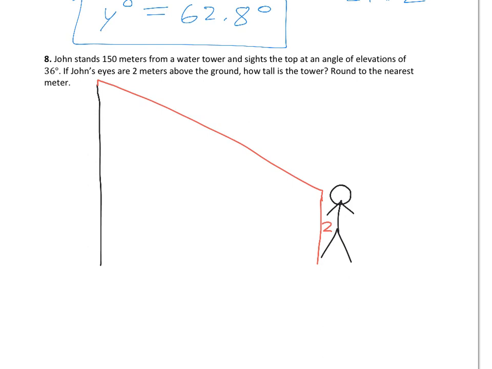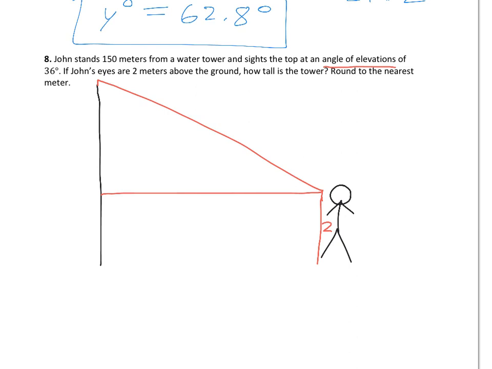They give you a vocabulary term that we haven't used before, angle of elevation. An angle needs 2 lines. An angle of elevation involves a line of sight looking up and a horizontal line.